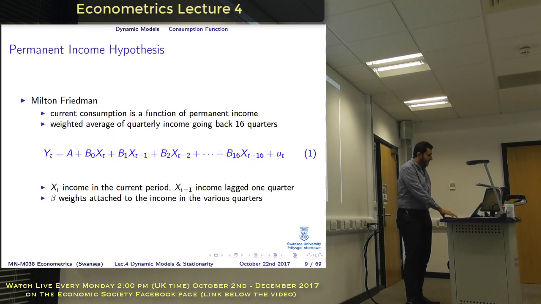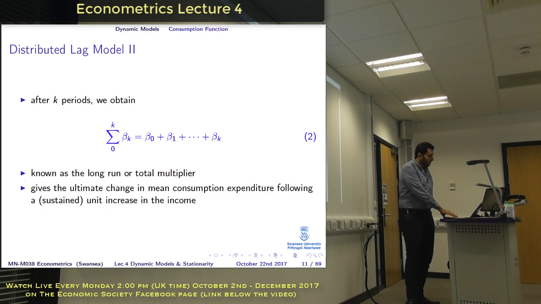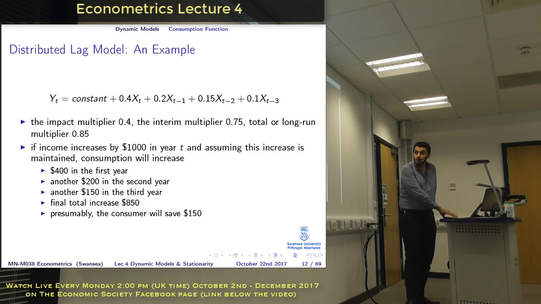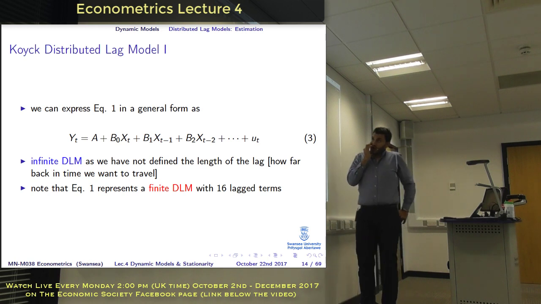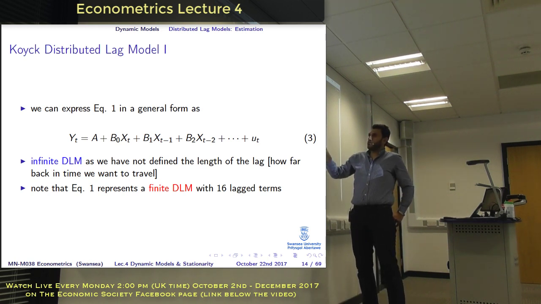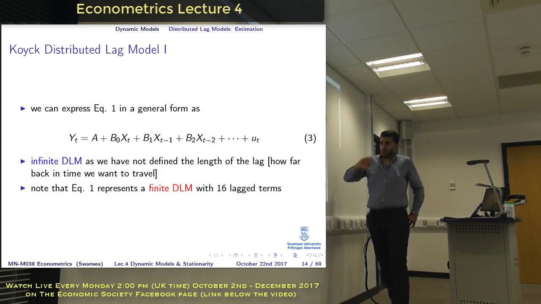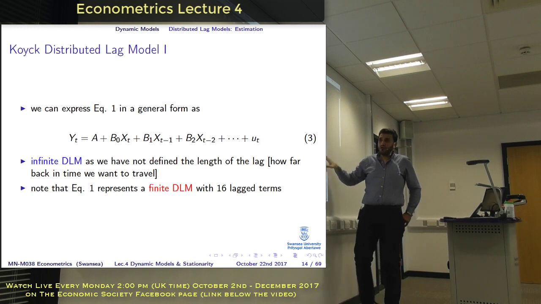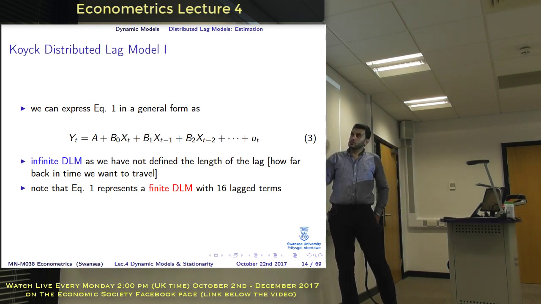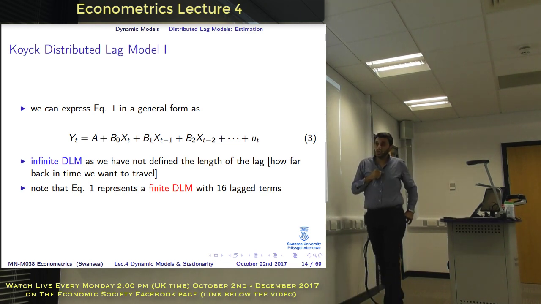But now let's assume a more general form, where we have an infinite number of lags. We didn't define the length of the lag, so we didn't decide how far back in time to travel.